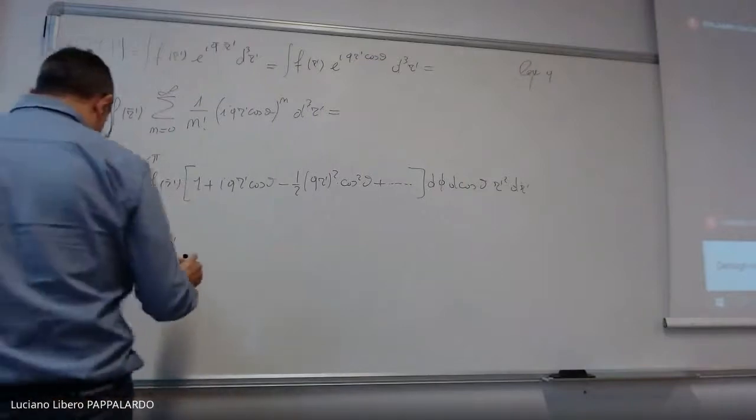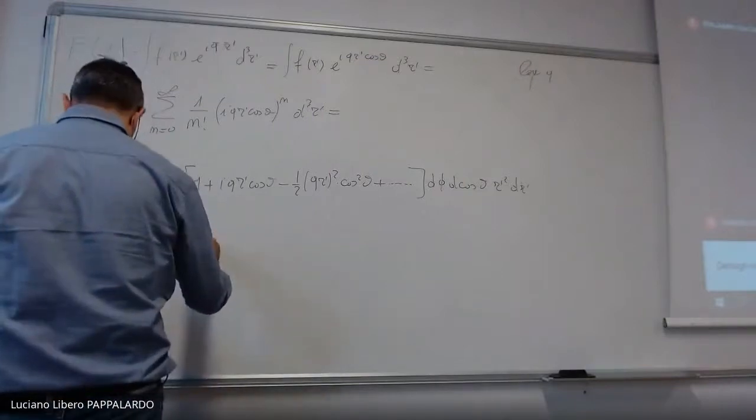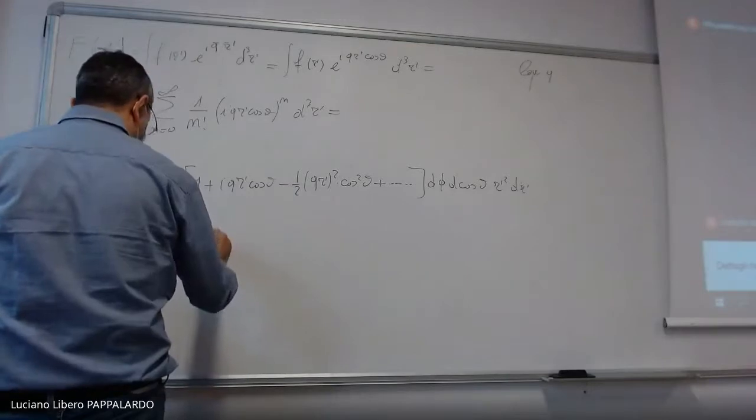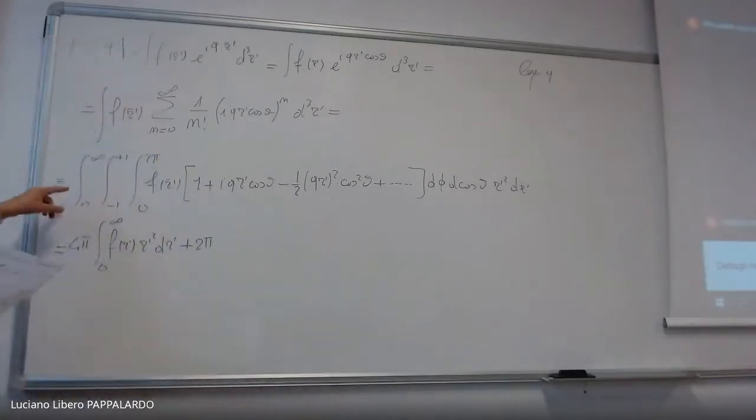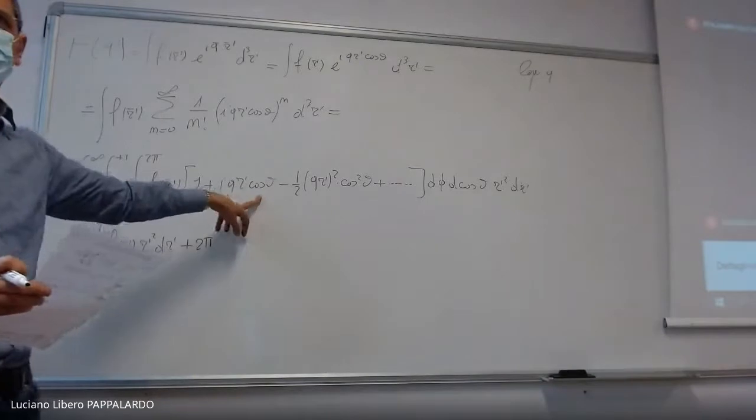Now we go to the second piece, plus 2 pi. We can integrate over phi, but not over theta, because we now have theta in the integrand, okay?